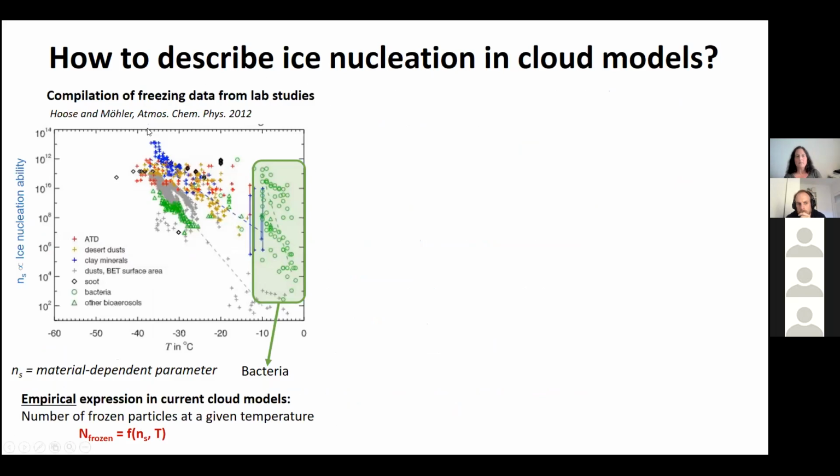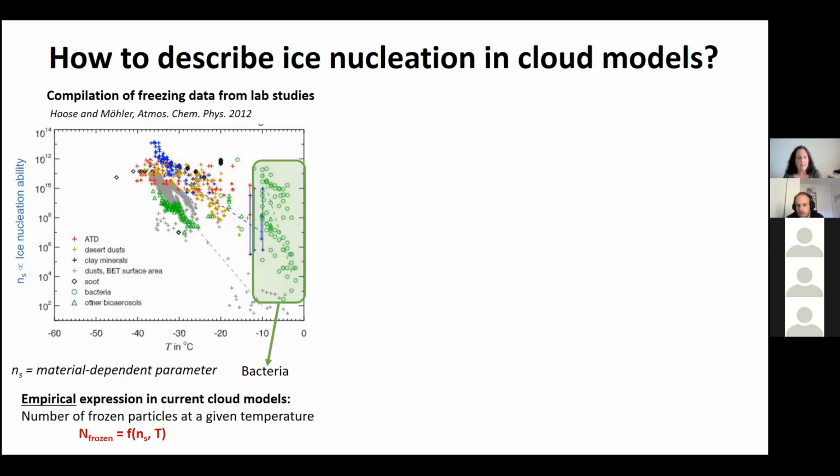Well, this is an overview from a German group where they put together data from lab studies. On the y-axis is the parameter NS. I don't want to explain in detail what it is, but it is related to the ice nucleation ability. A high value means it's a good ice nucleus.